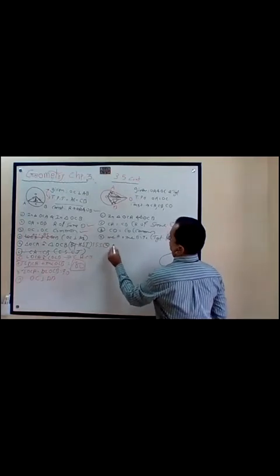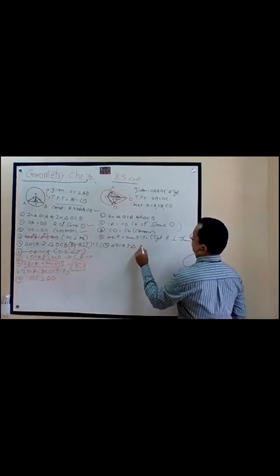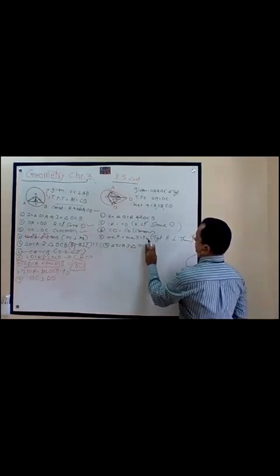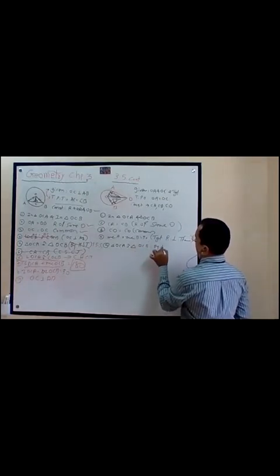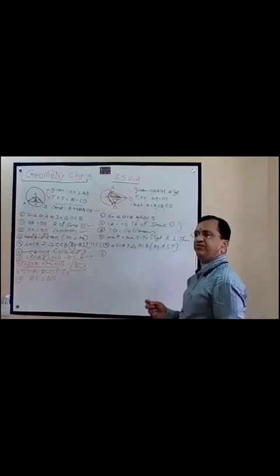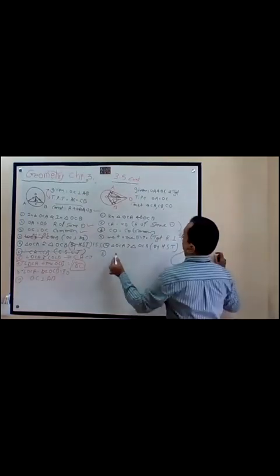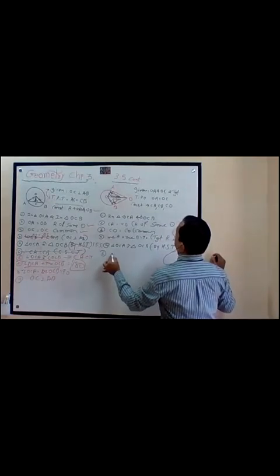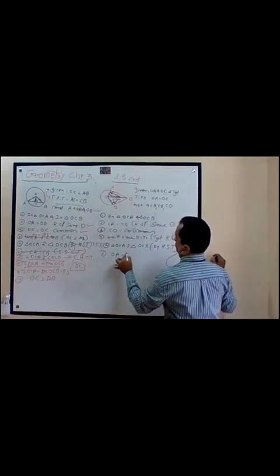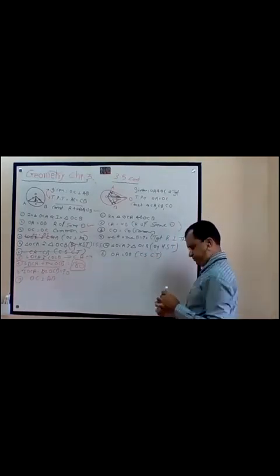The fifth, triangle OCA congruent to triangle OCB by the hypotenuse side test only. Therefore, if triangles are congruent, sides are congruent, OA is equal to OB, congruent sides of congruent triangles.